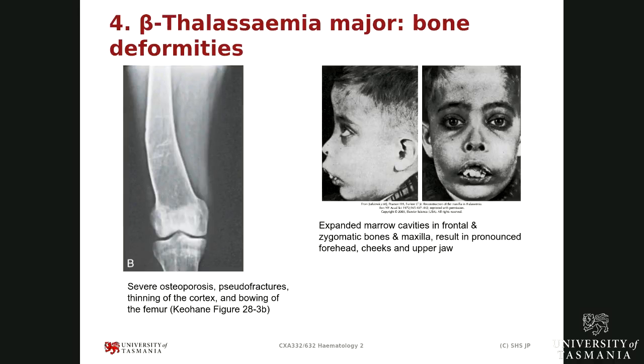You also get softening of the bones, particularly of the femur, and you can see here that the cortex of the bone is quite thin, because the red marrow in the middle has expanded, because it's trying as hard as it can to keep up with the demand.